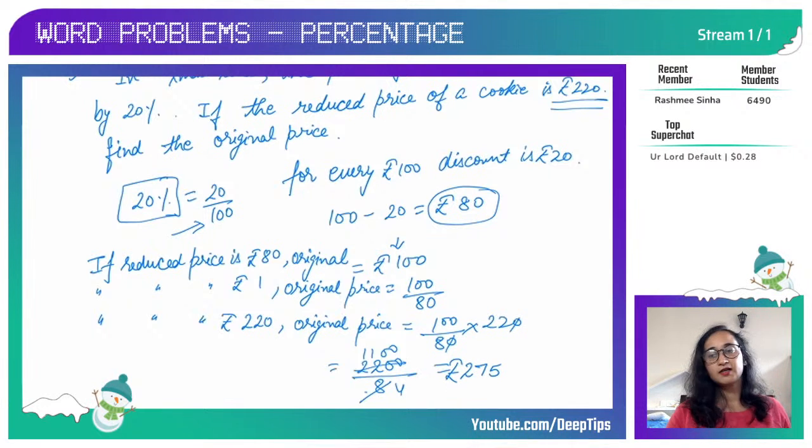So rupees 275. So that means original price of the cookie box was rupees 275, and the shopkeeper is selling this at the price of 220 at 20% discount. So this is how we solve this kind of question using the unitary method.